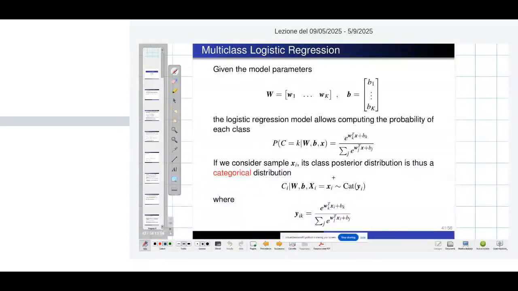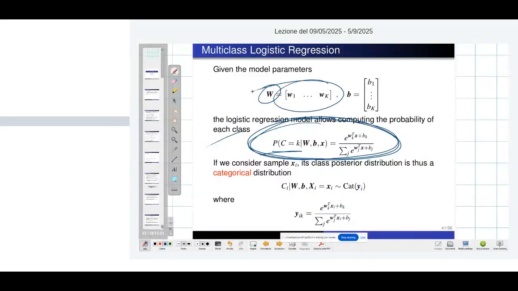So we now have a model for the class posterior probability of class K. Again, this was inspired by the logistic regression, by the tied Gaussian model, but we now forget about the tied Gaussian model. We assume that this is the expression that describes our class posteriors, and the model parameters are the parameters that describe the linear combination of the features for each class.